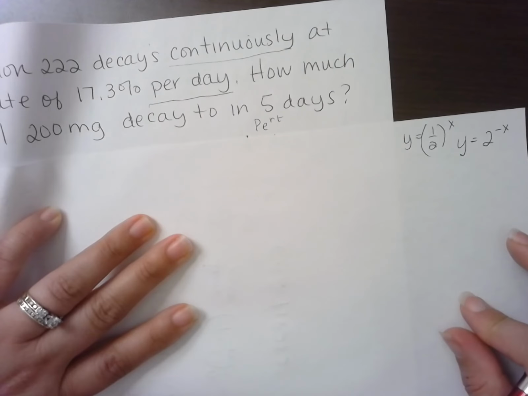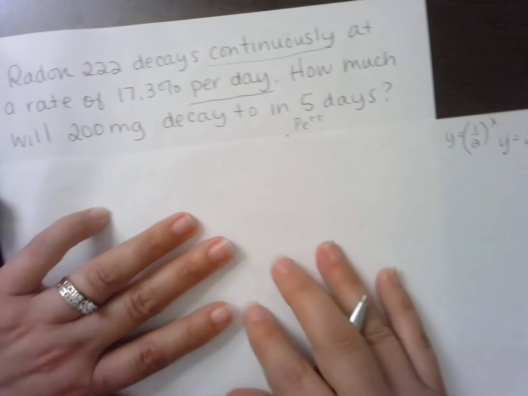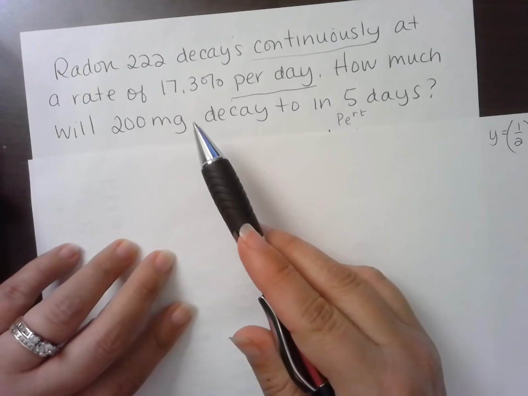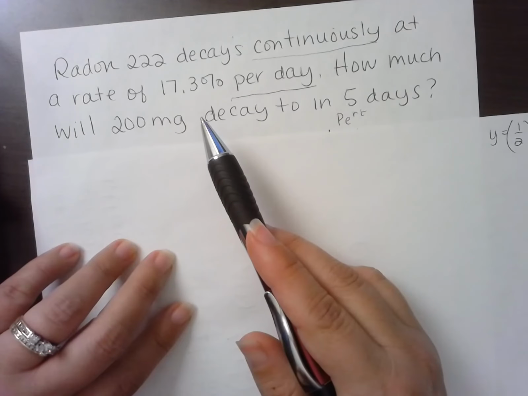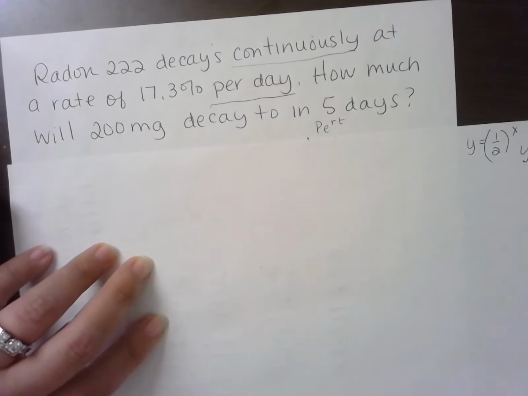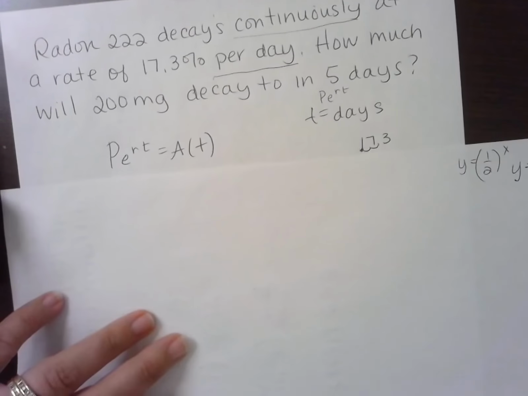And so usually we see the negative exponent with the decay, and that's what we're going to have here. So when it says it's decaying continuously, then our rate we should put in as negative 17.3%.